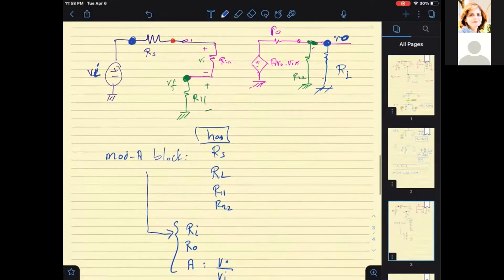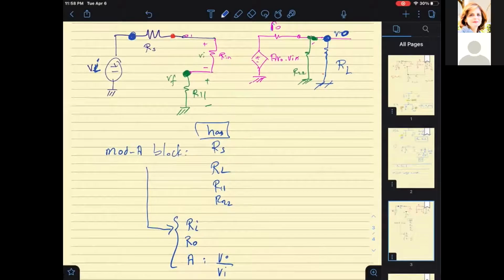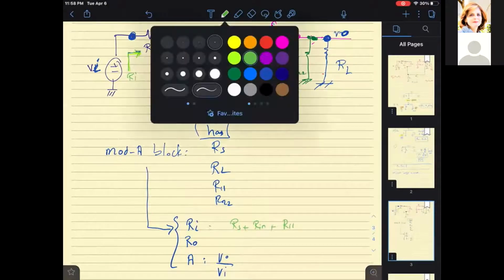Great. So for Ri of the modified A block, if I look from here, it's really Rs plus Rn plus R11.